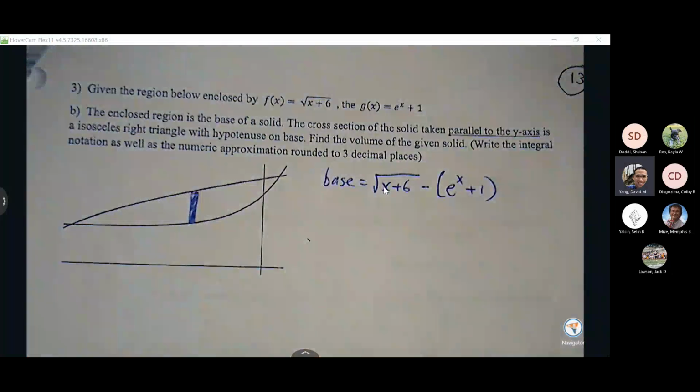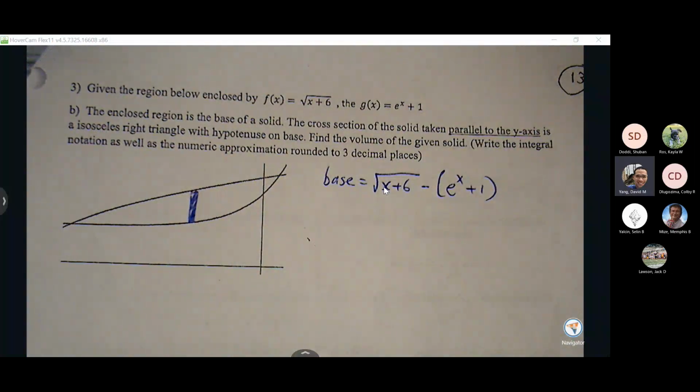But I do need a set of parentheses here just to ensure that I can distribute that negative through. Don't forget about that negative.